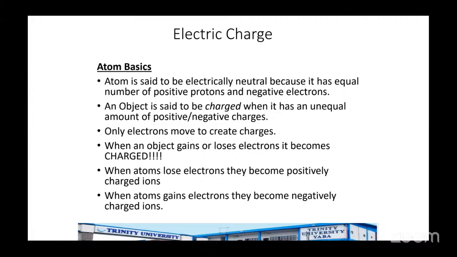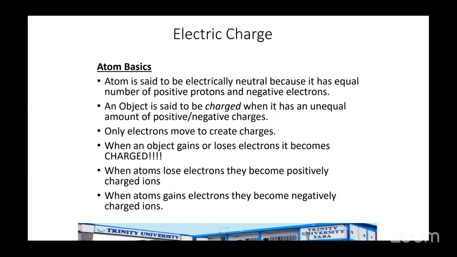When the number of positive and negative charges are balanced, the atom is electrically neutral.